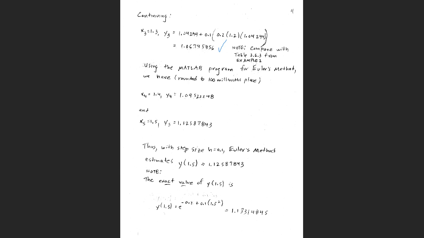Now, y sub 3 equals 1.06745856, rounded to the 100 millionth decimal place. So basically eight decimal places. You can compare that with table 2.6.3 from the second example.